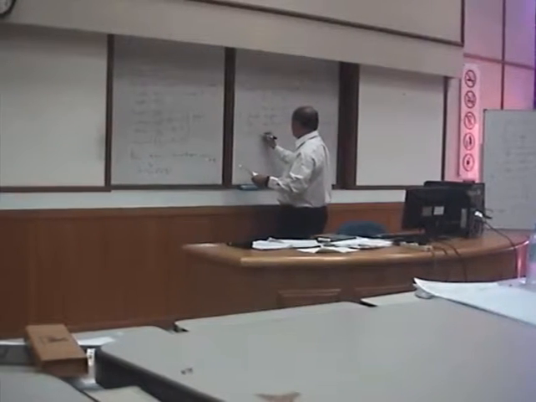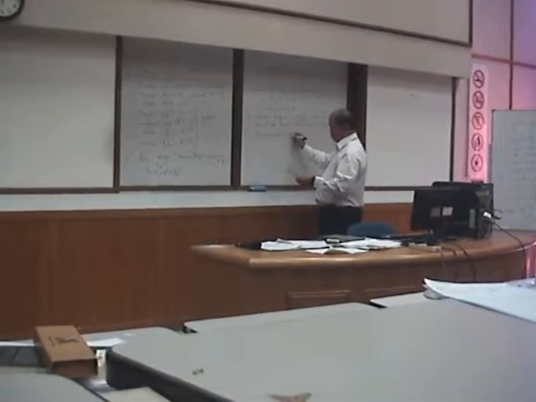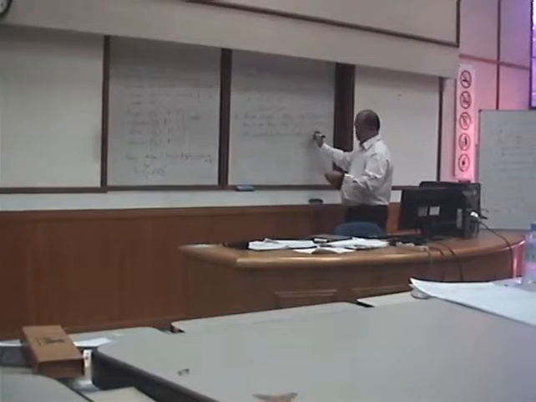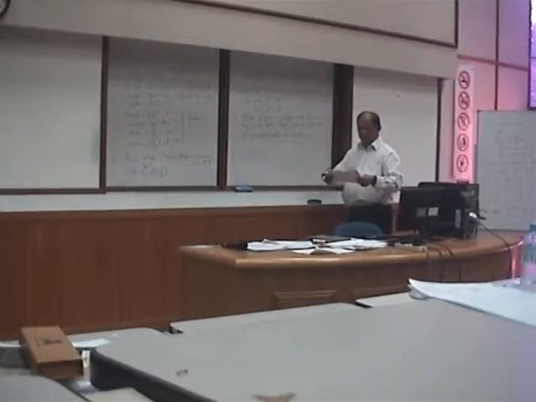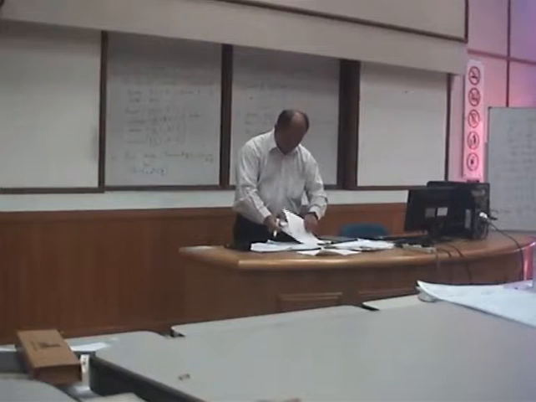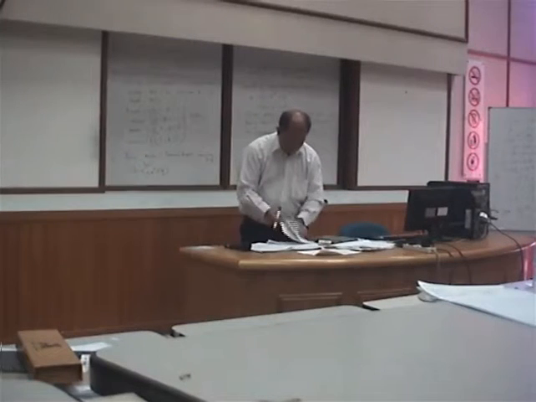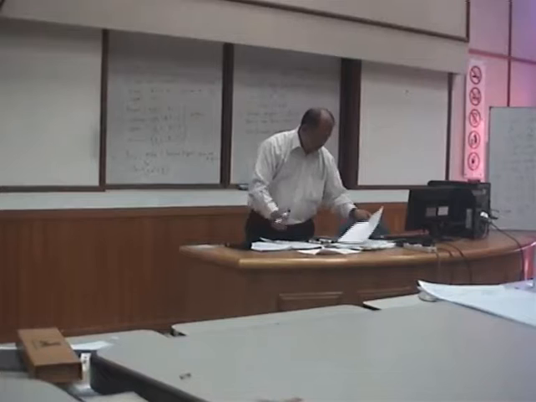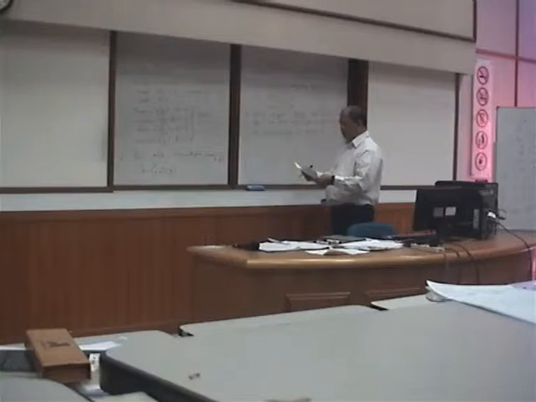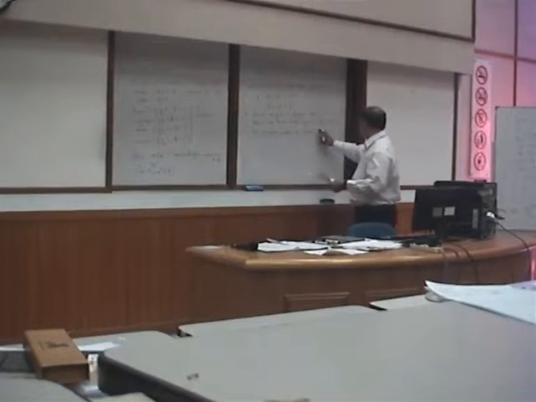All observed hadrons, meaning these mesons and baryons, are colorless. Why is that?